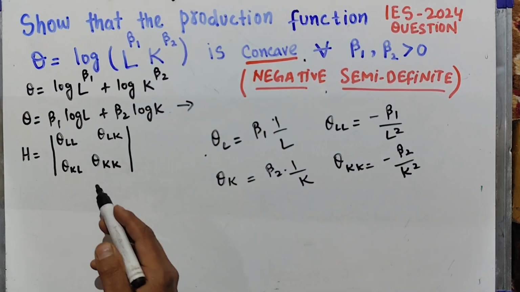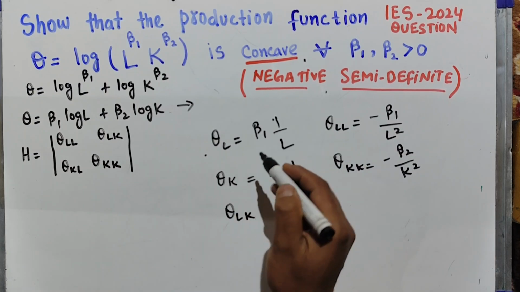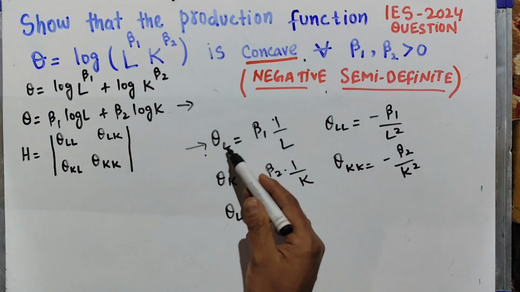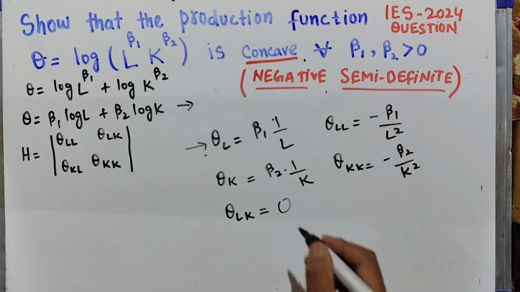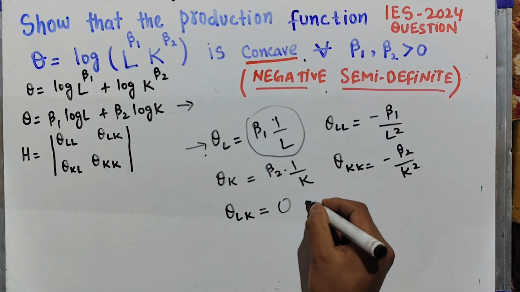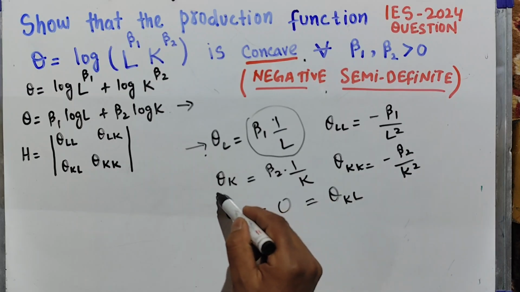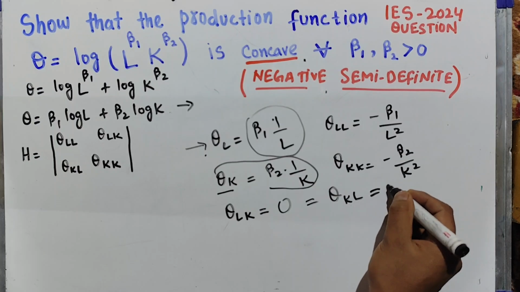Also I need to find out QLK. QLK means the derivative of this function, since this is QL, with respect to K, and its derivative will be equal to 0 here, because no K is here. Also we need to find out QKL. That means the derivative of this function with respect to L. No L is involved, its derivative is again 0.